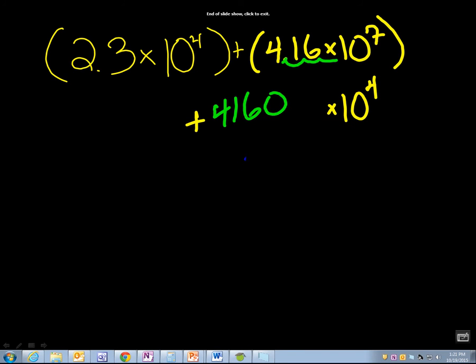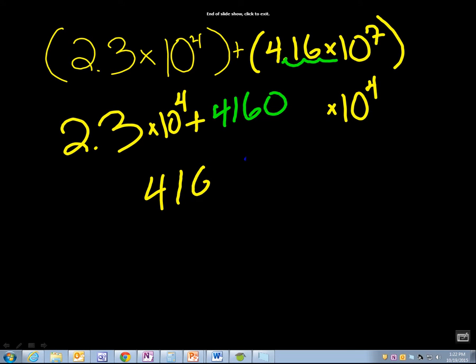All right. So now I have 2.3 times 10 to the fourth plus 4,160 times 10 to the fourth. So that's just going to be 4,162.3 times 10 to the fourth. Now, is that in proper scientific notation? No, it is not. So I have to move the decimal 1, 2, 3 spots over here.